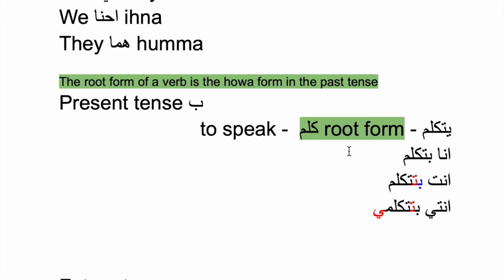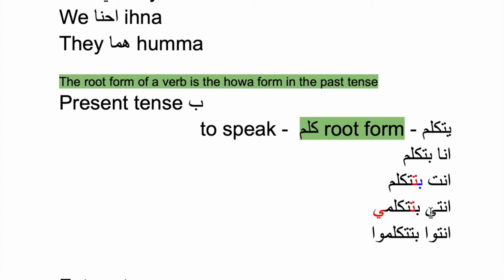أنتو. Can we guess? So أنتو is you plural. So we know be, probably a te, because the other you forms have te. بتتكلموا.